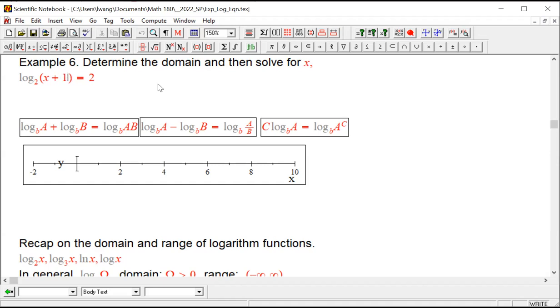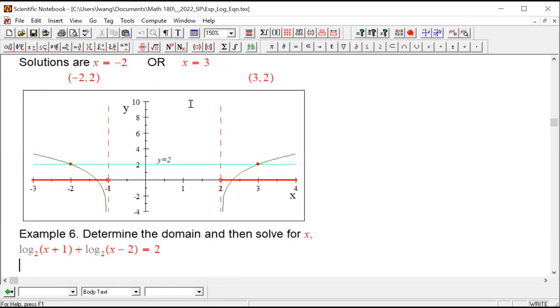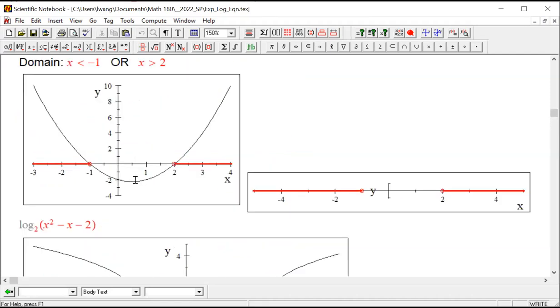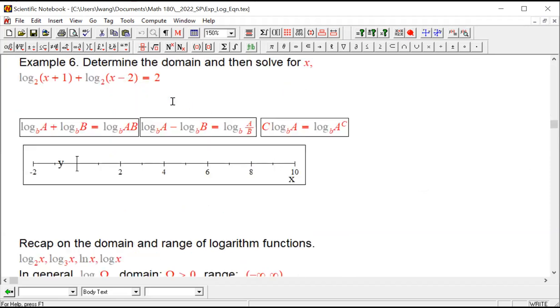Plus log base 2 of x minus 2. Okay, the previous example was this, right? The previous example.